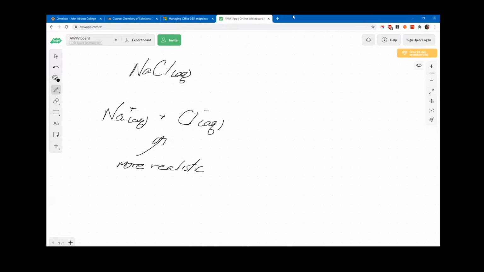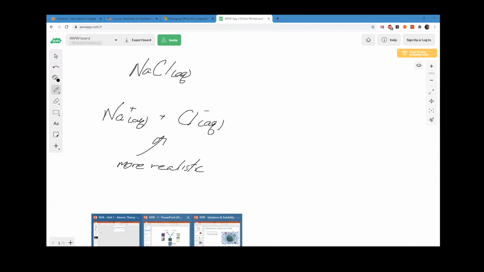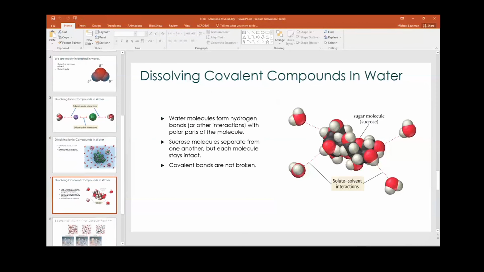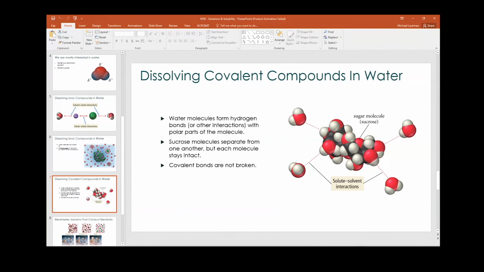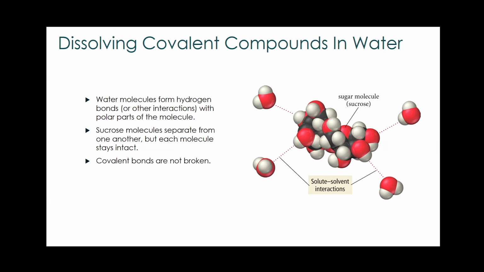Now, this is in contrast to what happens with a covalent compound in water. So let's take sucrose, so sugar. Covalent compounds are held together by covalent bonds, and when they dissolve, the actual molecule stays together.